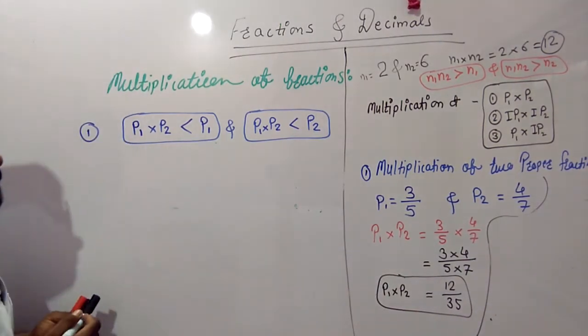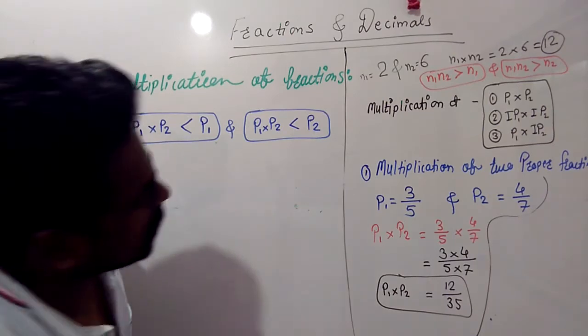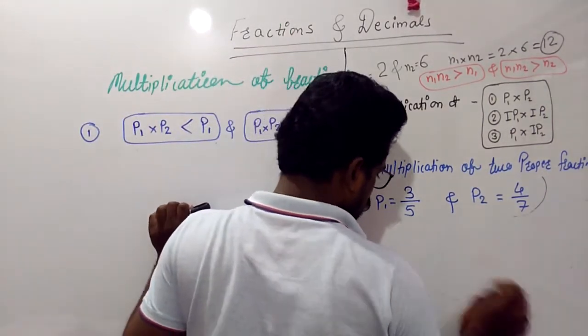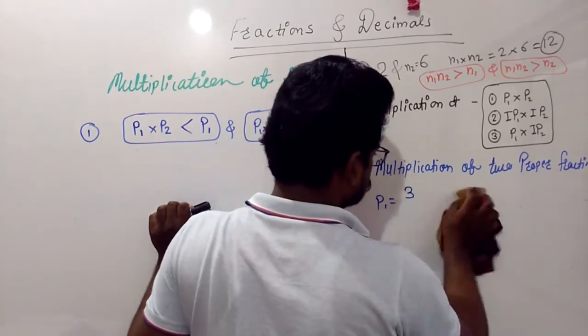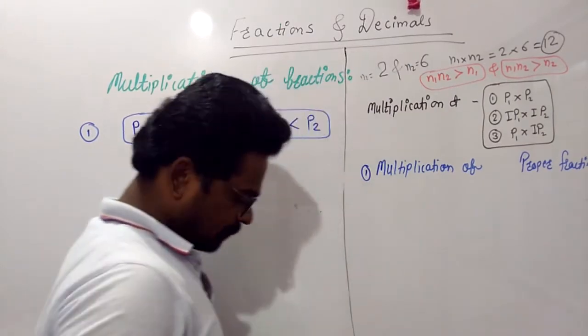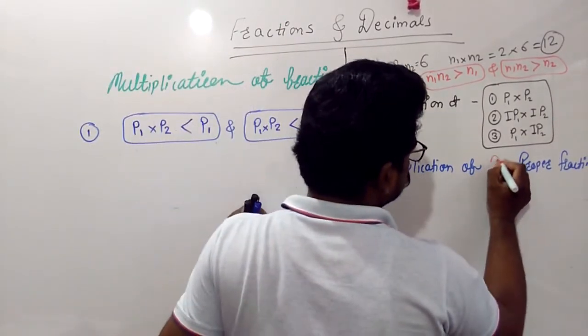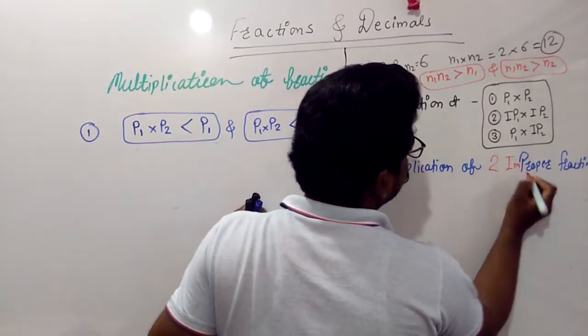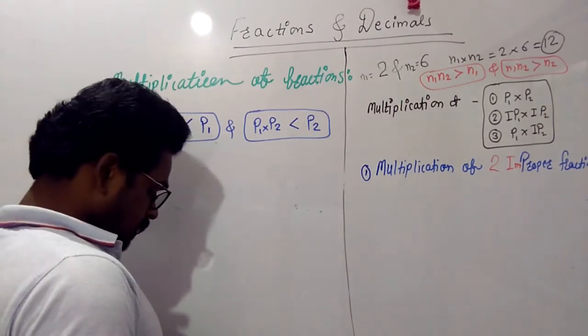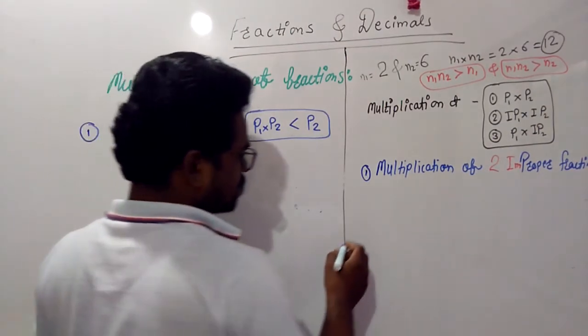Now we'll discuss the next case, multiplication of two improper fractions. No problem. Now let's take the first improper fraction in this way.